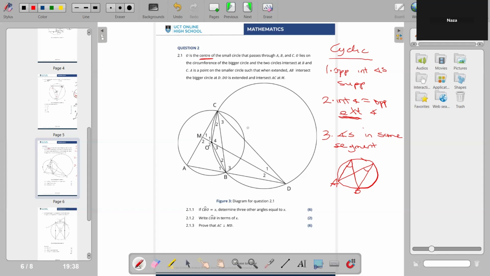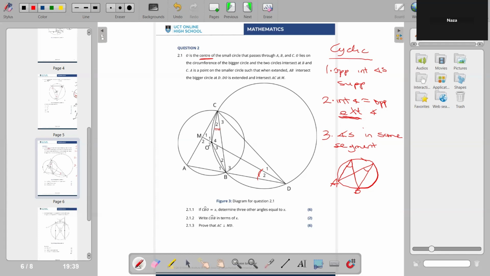Angle C2 is equal to angle D2. They are subtended by which chord? By chord OC. Wait, which chord is subtending those angles? Oh, sorry, OB. Yes, you see it's OB. Okay.